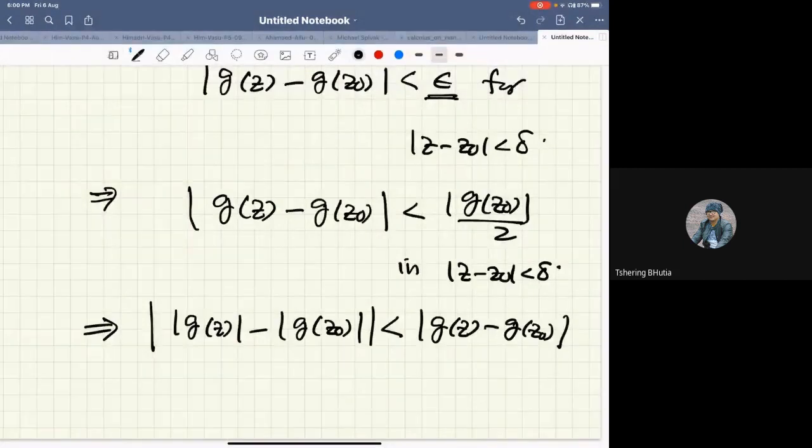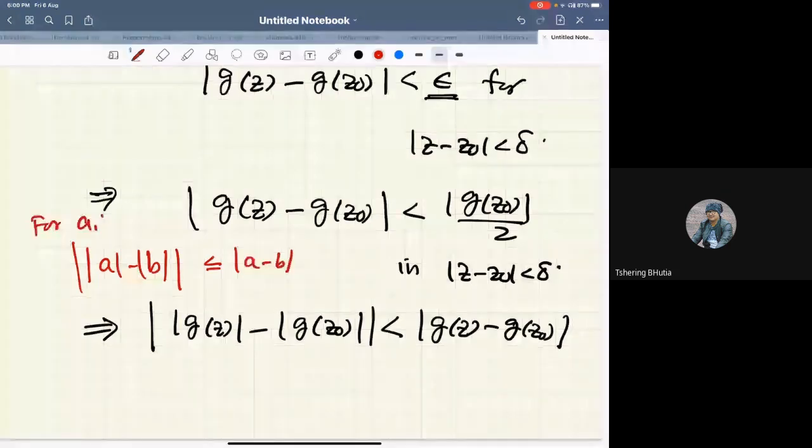What I want to write is that modulus of A minus modulus of B, if A, B are two complex numbers, is less than or equal to modulus of A minus B, for A, B belonging to C. So this is less than modulus of g of z0 by 2.